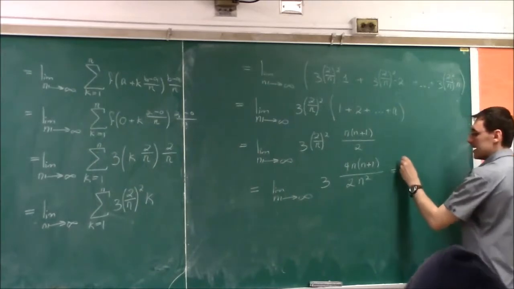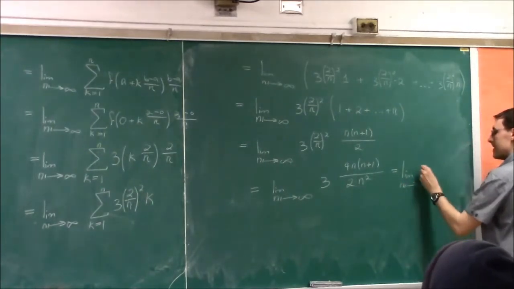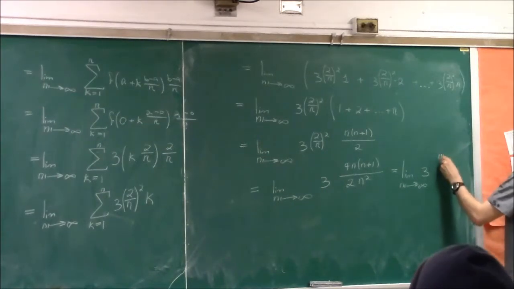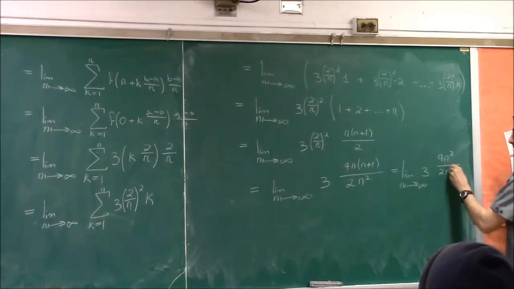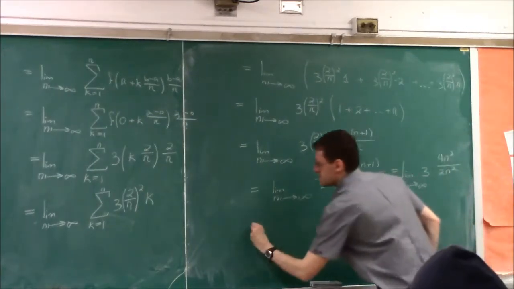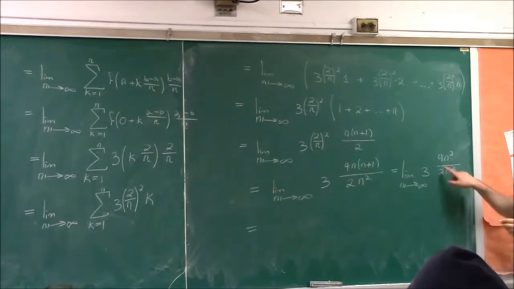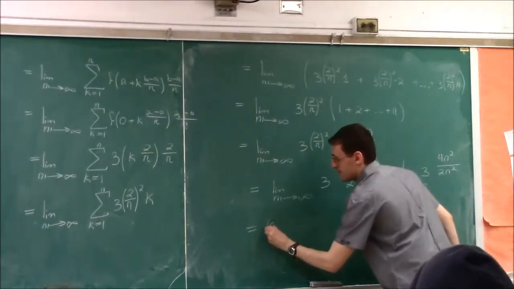And this is the same as the limit of 3 and then 4n squared divided by 2n squared. The n squares cross out. 4 over 2 is 2, times 3 is 6.